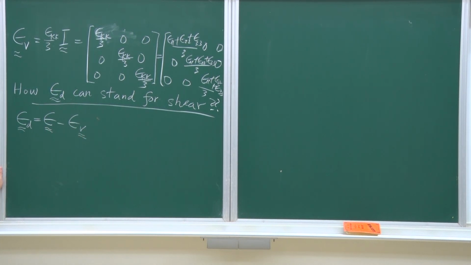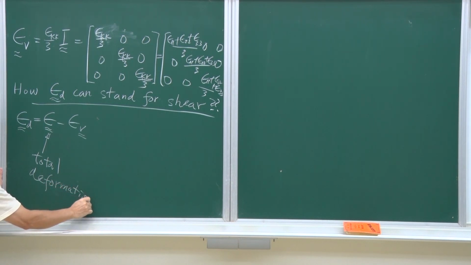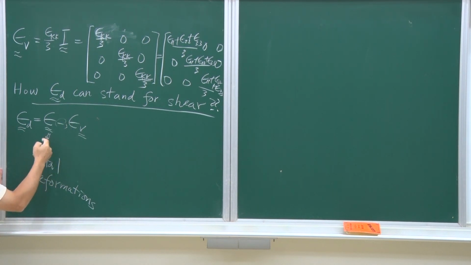The easy way to answer this question is that, see here, this is the total deformation. Then we subtract from this total deformation the volume change.